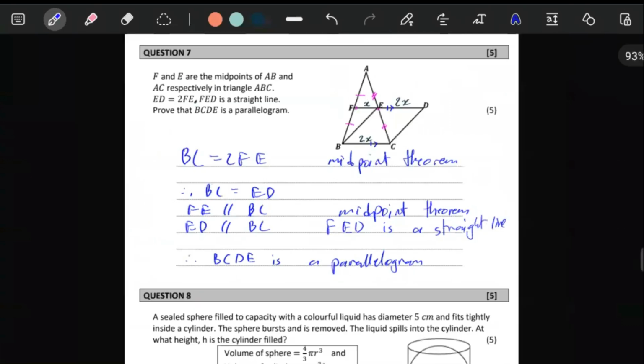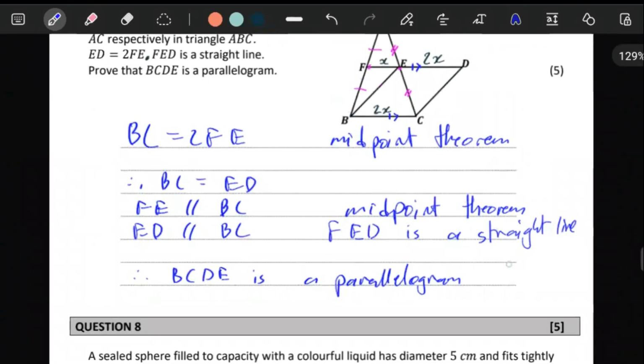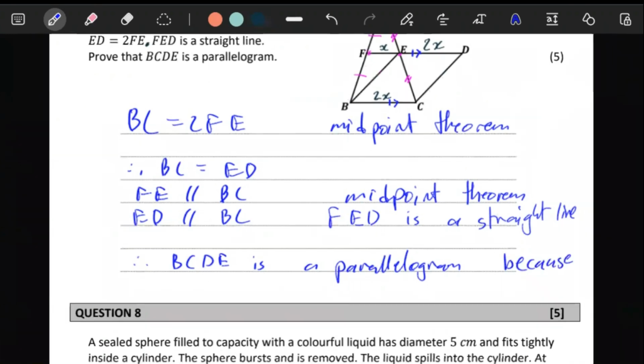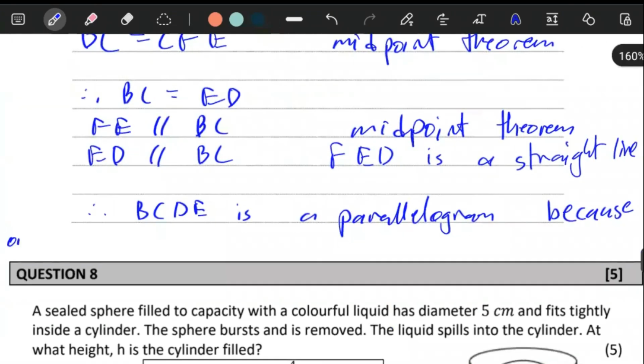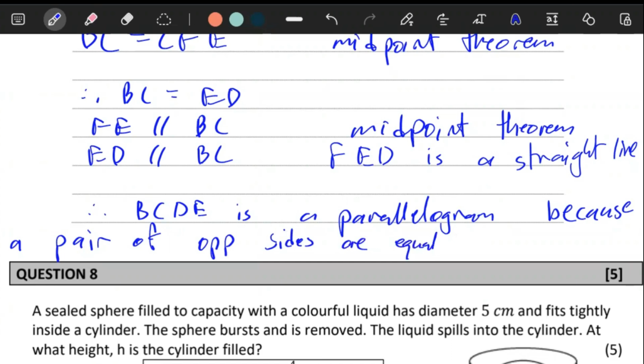The reason is a pair of opposite sides are equal and parallel.